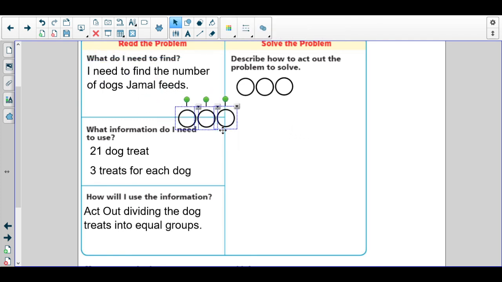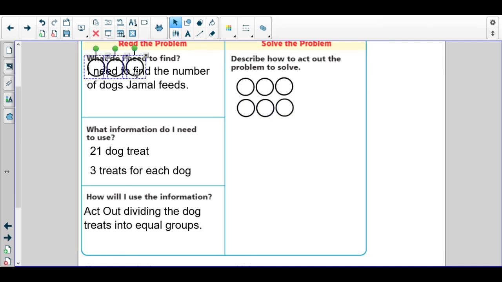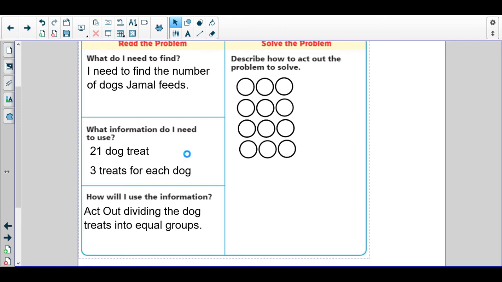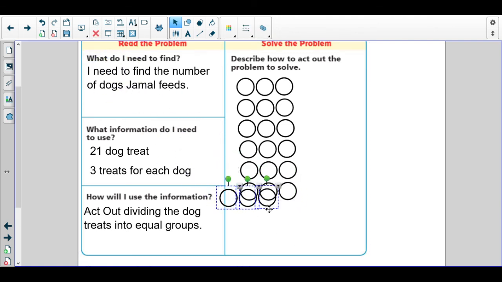As I'm moving them, that's 6, 9, 12, 15, 18, and 21.